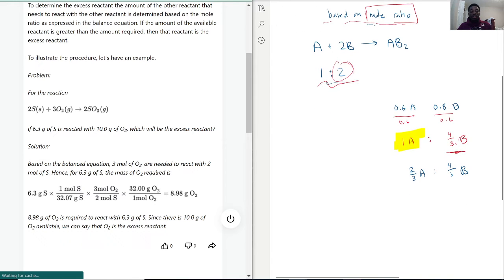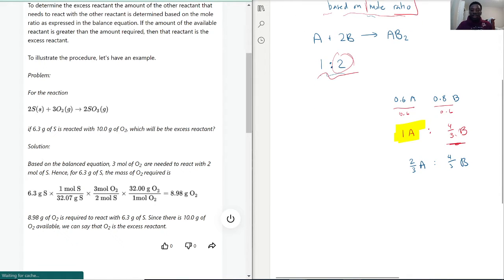And just to be able to visualize that, because you want to see what the mole ratio is here, we have 2 sulfur for every 3 oxygen. So the ratio here is 2 to 3. The sulfur given was 6.3 grams. And using the numbers here, 6.3 divided by 32.07, we get around 0.196 of sulfur, okay?